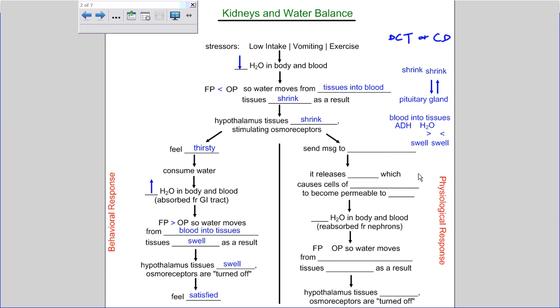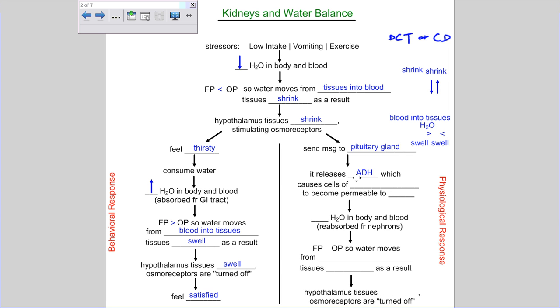Okay, physiologically, without us really thinking about it, the hypothalamus is going to send a message to the pituitary gland. The pituitary gland is attached to the hypothalamus by a stalk. So it sends a message to the pituitary gland and tells it to release ADH.